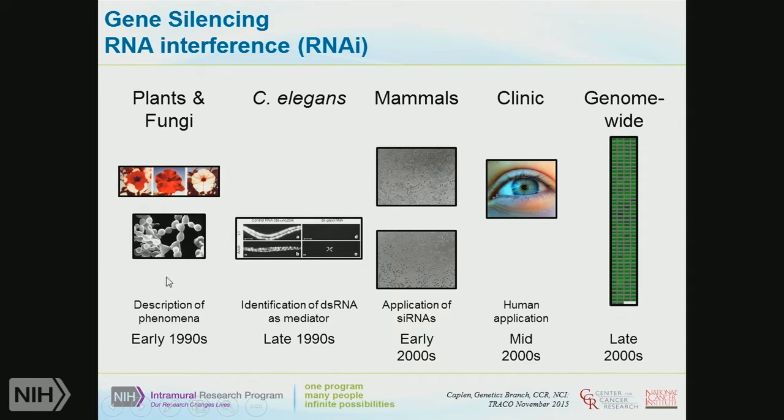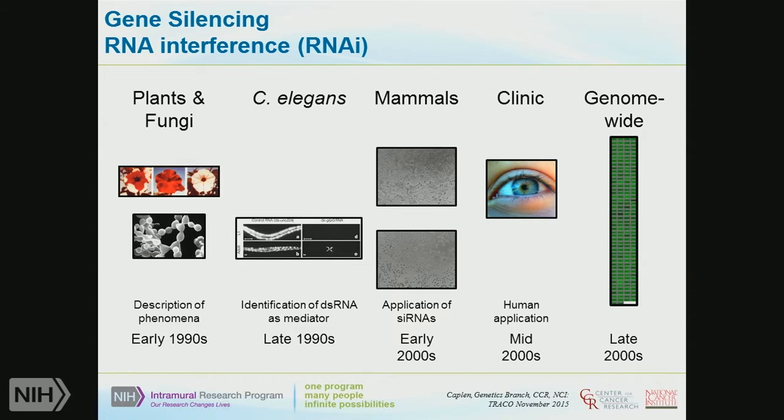Observations were made first in plants, which were petunias, and in the fungus Neurospora, that when you introduced plasmids overexpressing a cDNA, and these had gone in as head-to-tail repeats, what you observed was a loss of the expression of the gene that was trying to be overexpressed.